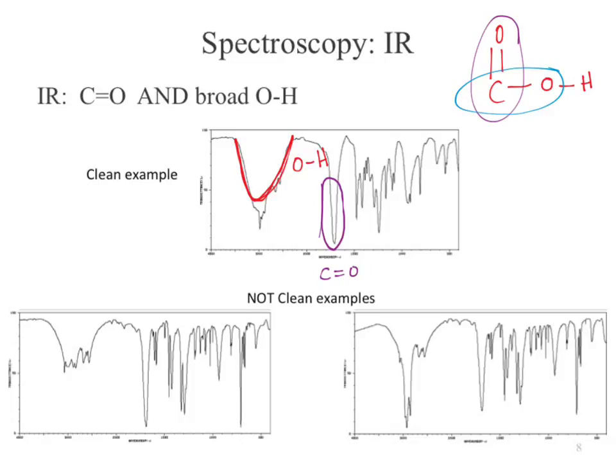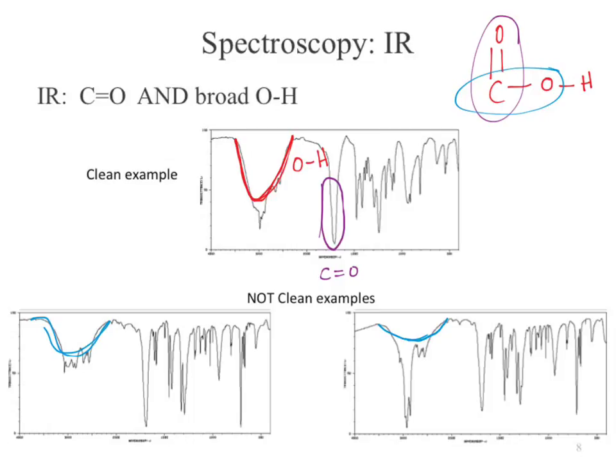That top example is probably the cleanest example you will ever see of a carboxylic acid. More commonly, if we look at the bottom examples, that's what you end up seeing. You get this kind of broad, messy nastiness. And in the other one, it's even worse. It's so broad and weak almost that it just disappears and it just makes the CH stretches look ugly.